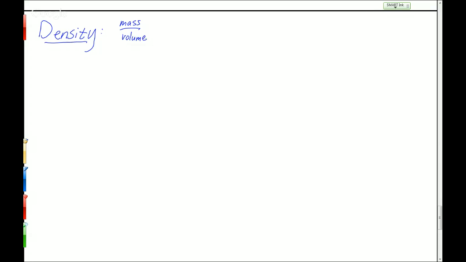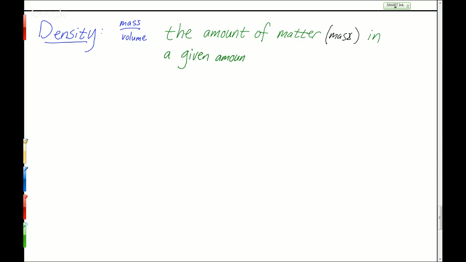I would say it's the amount of matter or amount of stuff, that's the mass, in a given amount of space.